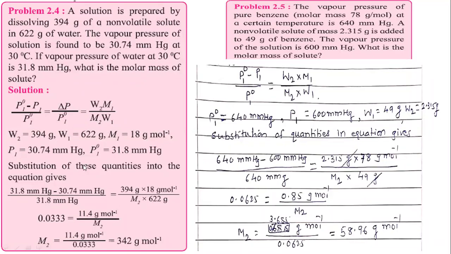All the values are given. We only have to put them in this equation and calculate M2. So we have to rearrange this equation, put in the values, and solve. We will get the answer 342 grams per mole.